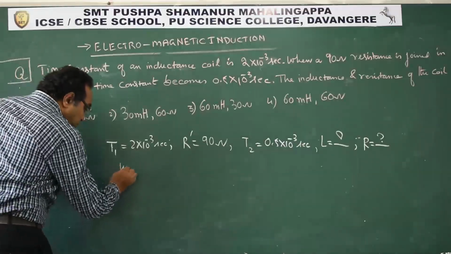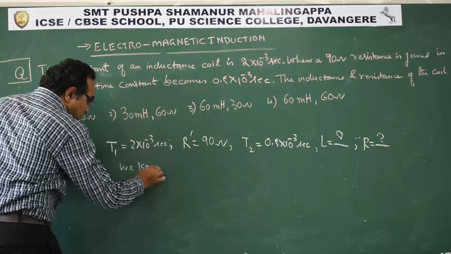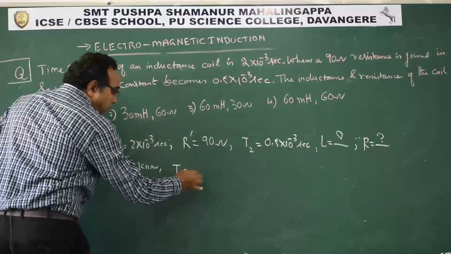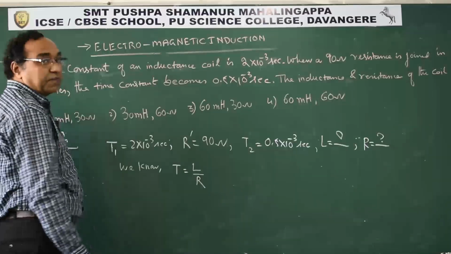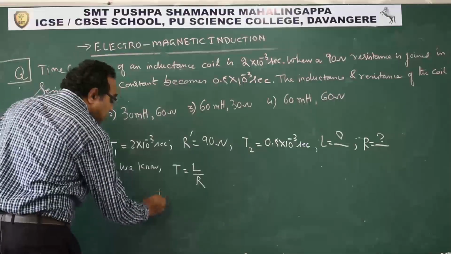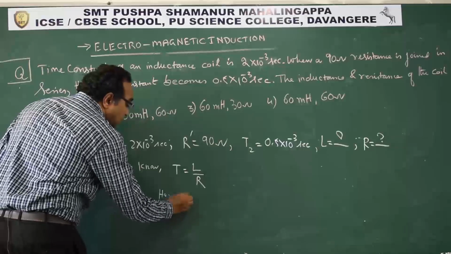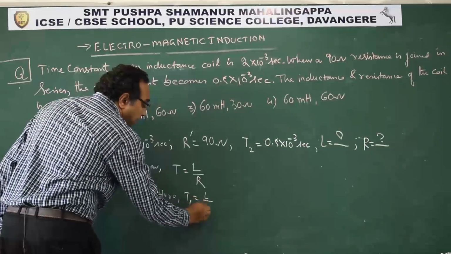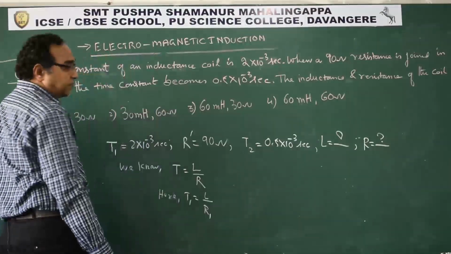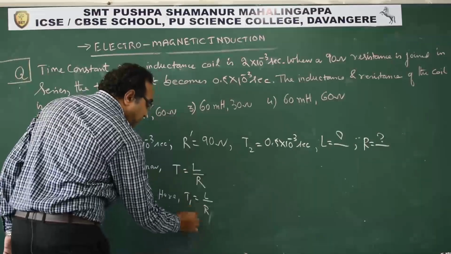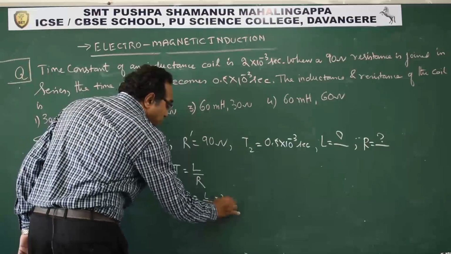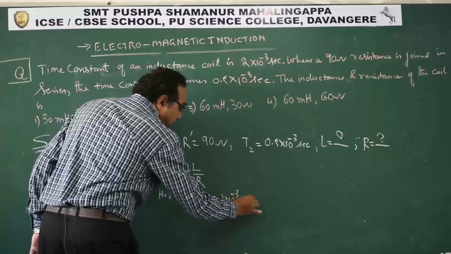Now we know time constant is L by R. This is what is time constant. So here T1 will be L by R1, let us say, or R. So this is given as 2 into 10 power minus 3 second.